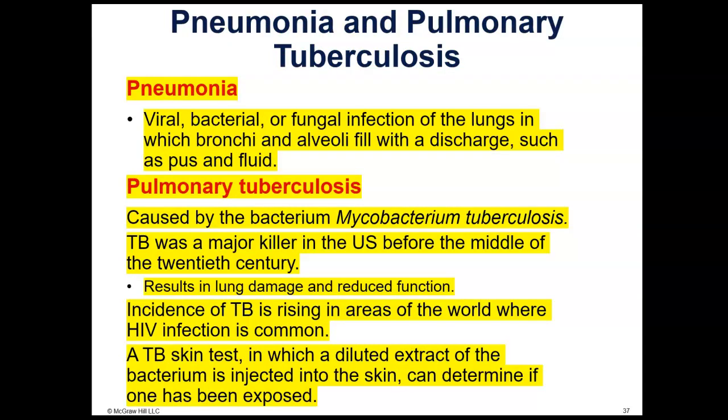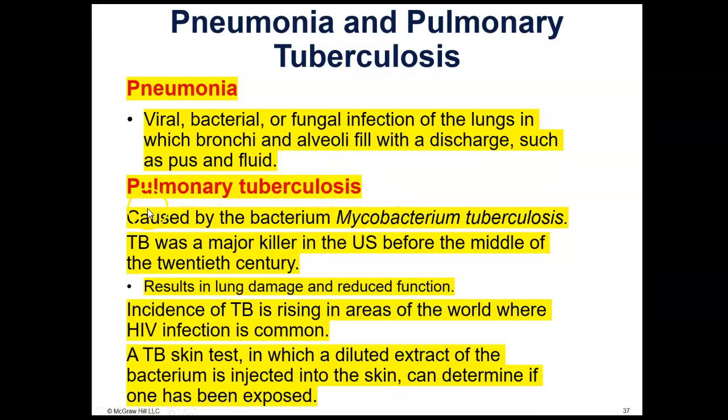And then we have a couple of other lower respiratory tract infections. Pneumonia is fluid accumulating in the lungs. So that can be viral, bacterial, or fungal. And the lungs will fill up with a mixture of pus and fluid.